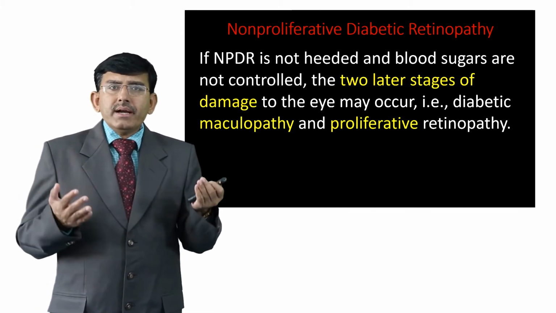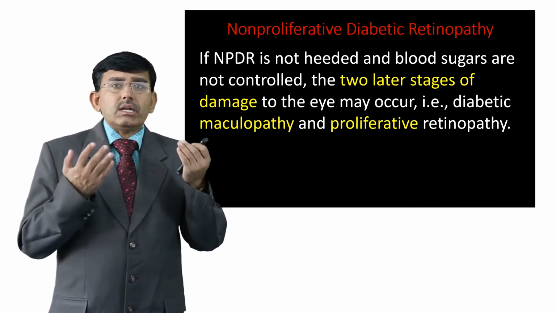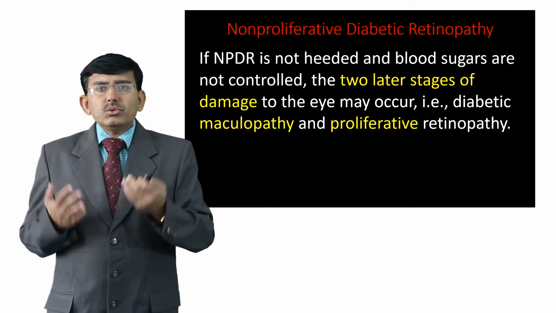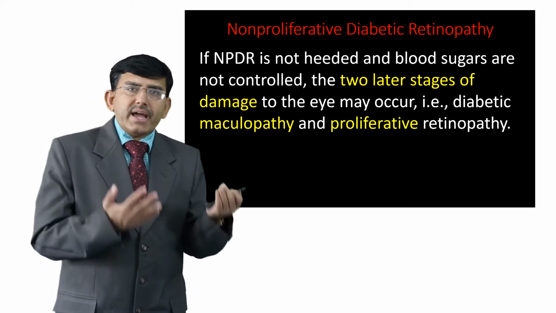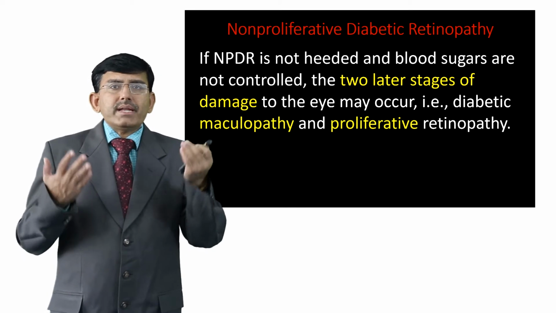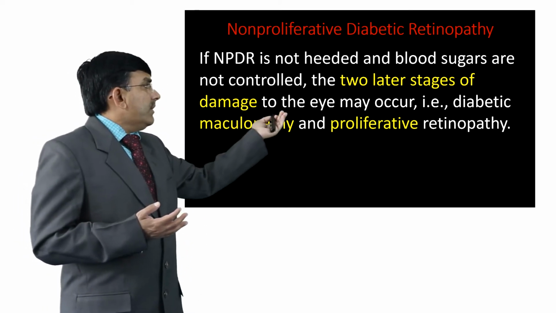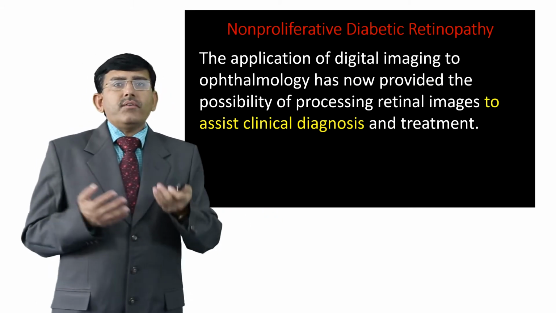If NPDR is not heeded and blood sugars are not controlled, the two latter stages of damage to the eye may occur, that is diabetic maculopathy and proliferative retinopathy.